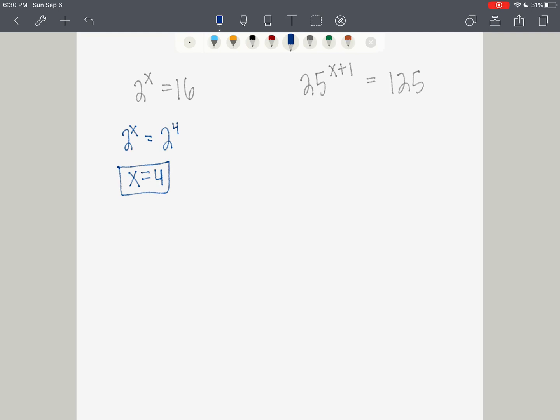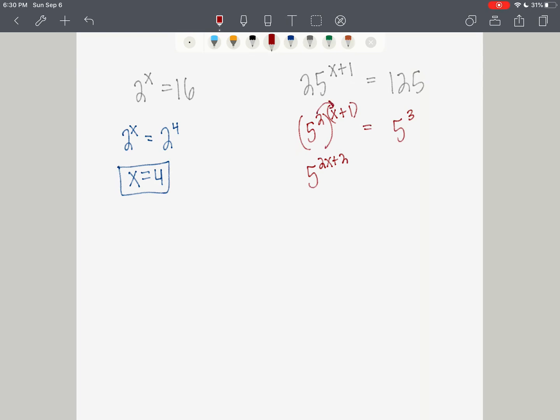Second problem here with the 25 and the 125, same thing. You see that 25 is base 5, and this is very important for you to be able to do on the left-hand side. And 125 is 5 cubed. They both have a base 5. So 5 raised to the 2x plus 2.